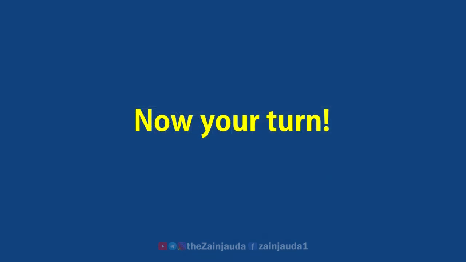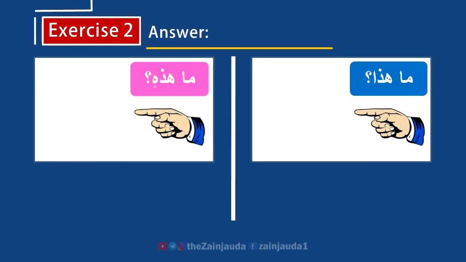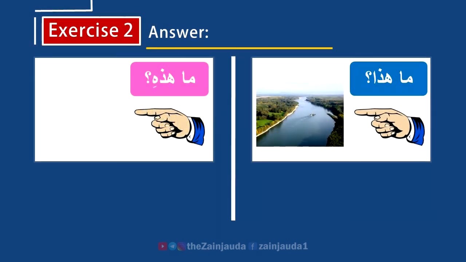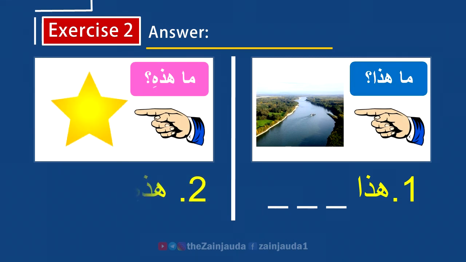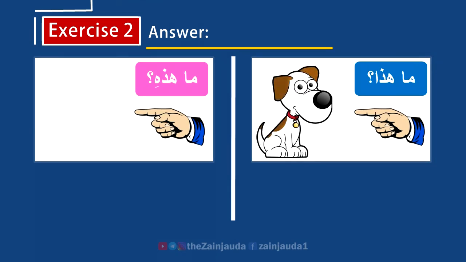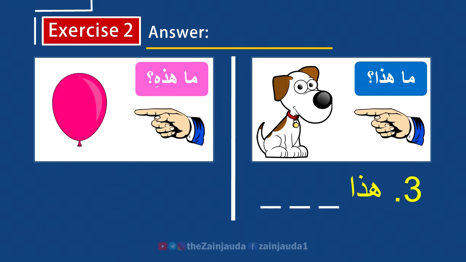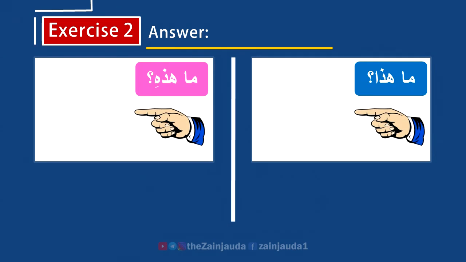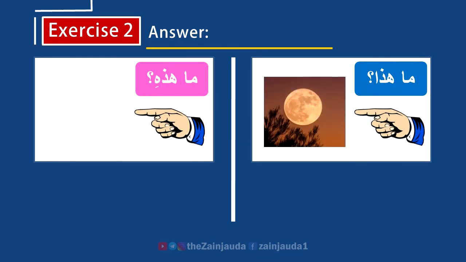Now your turn. Please try to answer the following. Number 1 is for masculine and number 2 is for a feminine thing. 1. ما هذا. 2. ما هذه. 3. ما هذا. 4. ما هذه. 5. ما هذا.